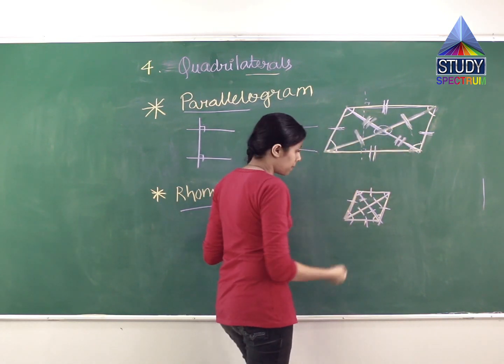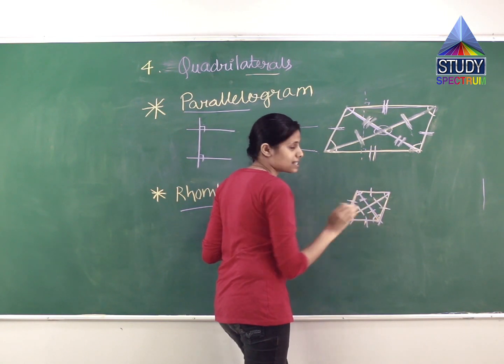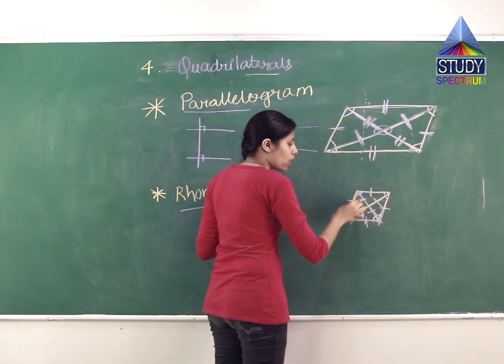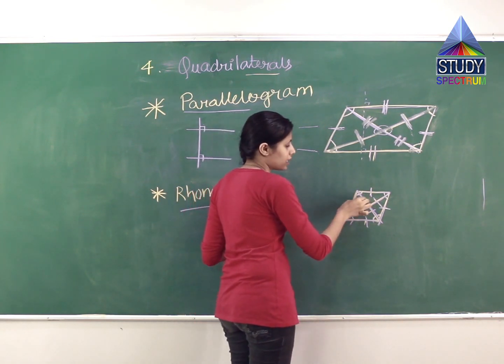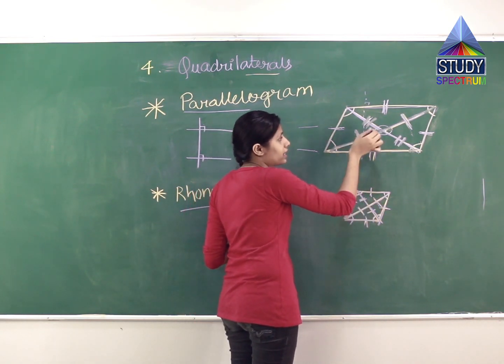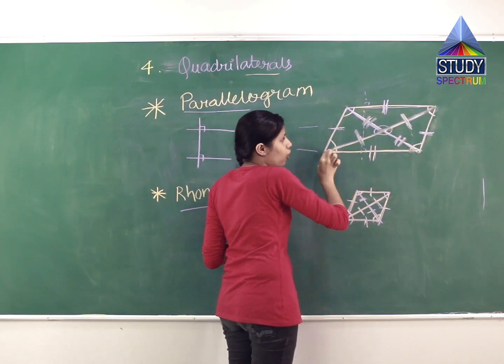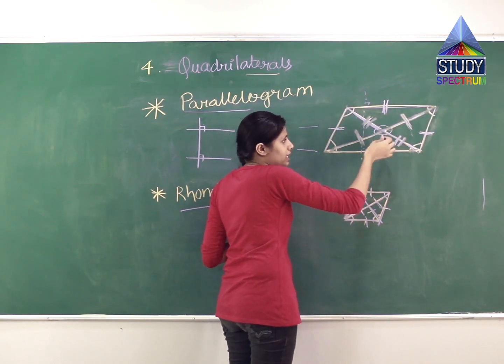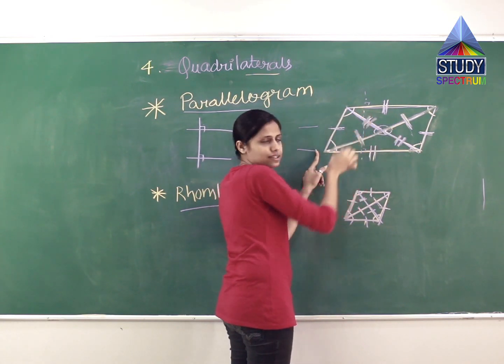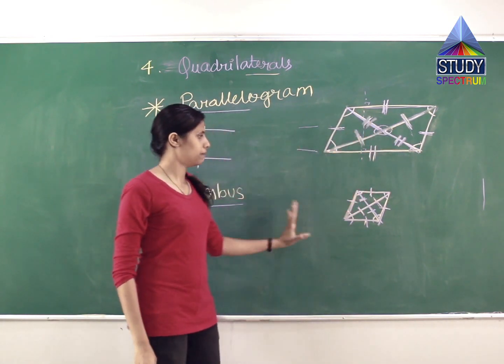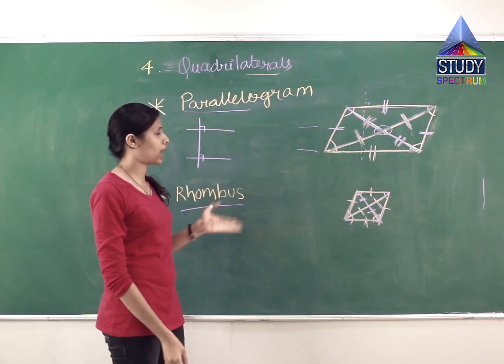Can you see? But over here, both of these are the same in size. That's why all the bisections of the diagonal are equal in length. But over here it differs because this side is a bit longer than this. So ultimately when it is halved, the half of this will also be greater than this. So these are the main features of a parallelogram and a rhombus.